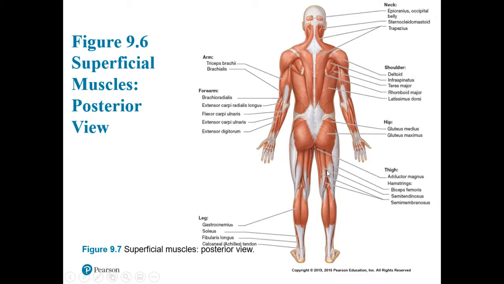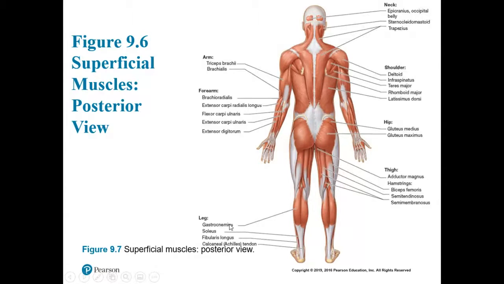Now their contraction pulls towards the midline, therefore pulling on the lower leg, so you can go ahead and flex the lower leg. So again, that's the hamstrings. That group right there would be antagonistic to the quadriceps, which are located anteriorly, not posteriorly.